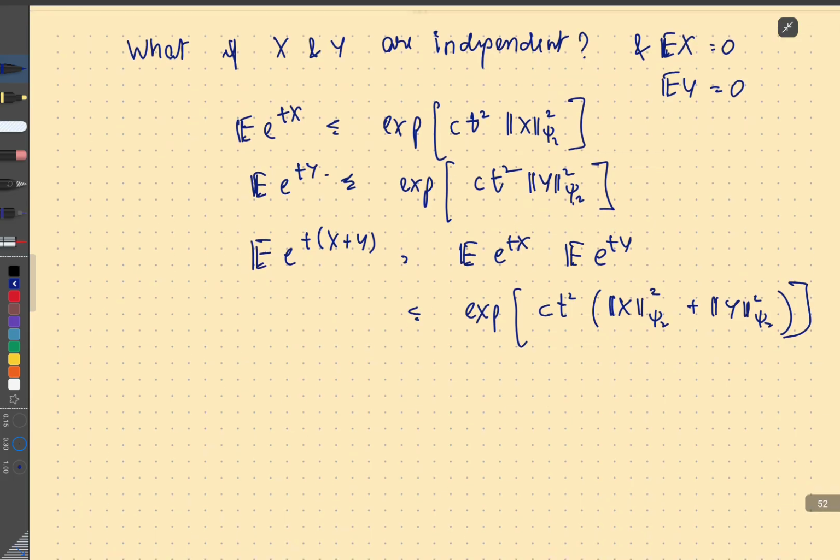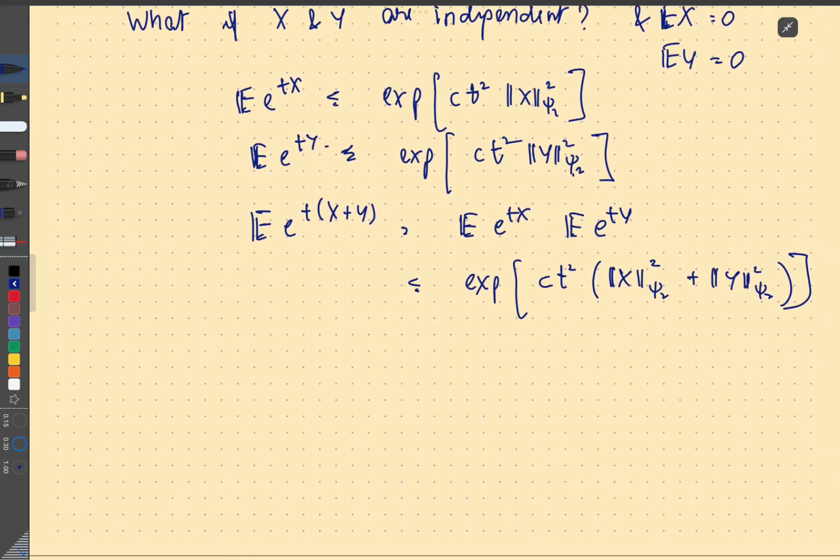So what this effectively allows us to show is that the Subgaussian norm of x plus y squared is less than or equal to the Subgaussian norm of x squared plus the Subgaussian norm of y squared. Not a full Pythagoras theorem.